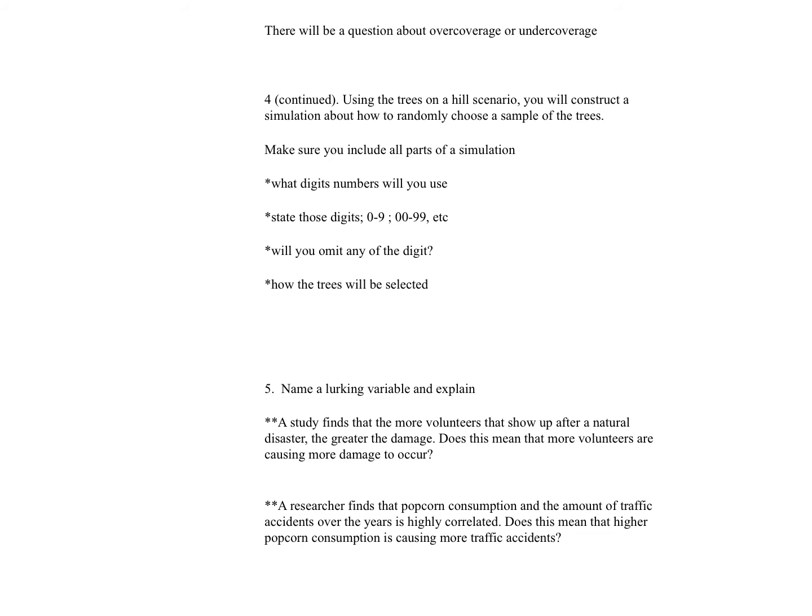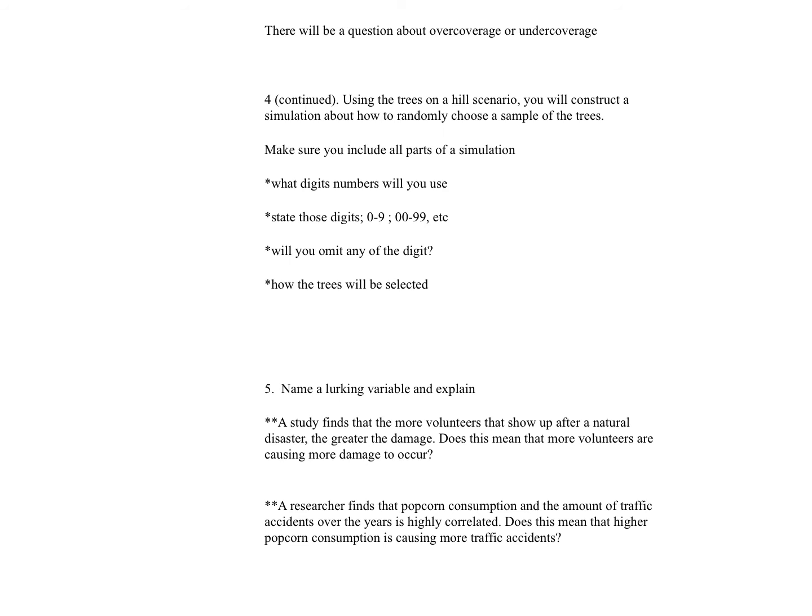Using the trees on the hill scenario, you will construct a simulation about how to randomly choose a sample of trees. Make sure you include all parts of a simulation. What digits you'll use, state those digits, either 0 to 9, 0 to 99, etc. What, if you're going to omit anything, and then how the trees will be selected. So you'll have a tree question.